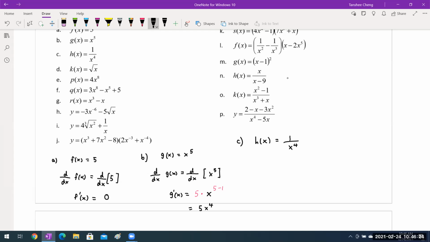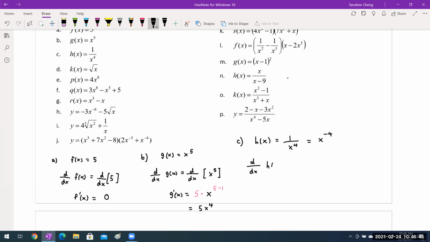So for this example C, instead of using the quotient rule, I can rewrite this as a power function, which is simply x to the negative 4 power. That makes it a lot easier and shorter to compute the derivatives.